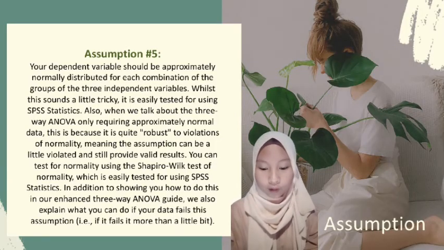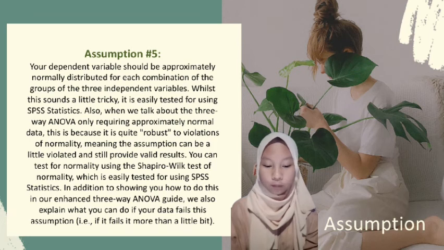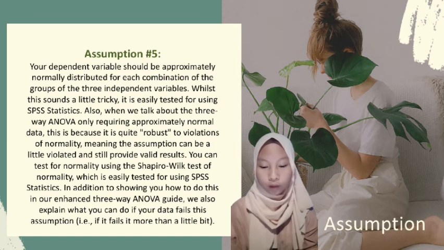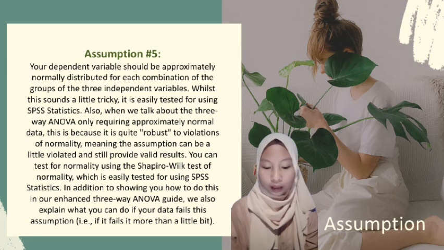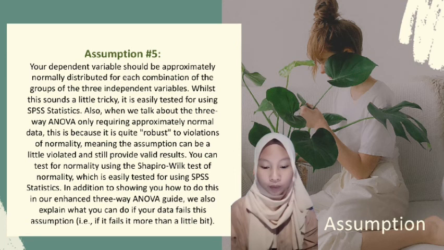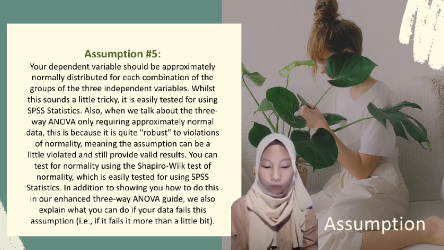Assumption 5. Your dependent variable should be approximately normally distributed for each combination of the groups of the three independent variables. Whilst this sounds a little tricky, it is easily tested for using SPSS Statistics. Also, when we say the three-way ANOVA only requires approximately normal data, this is because it is quite robust to violations of normality, meaning the assumption can be a little violated and still provide valid results.